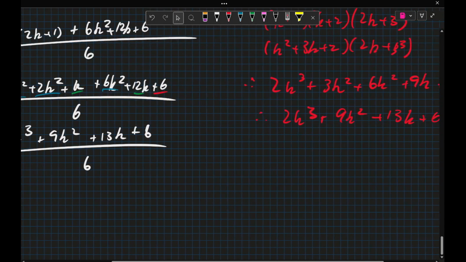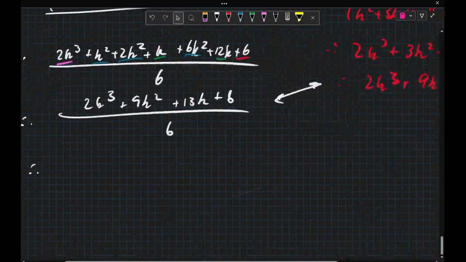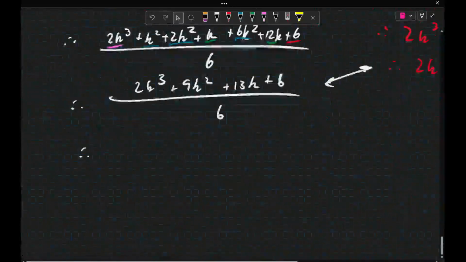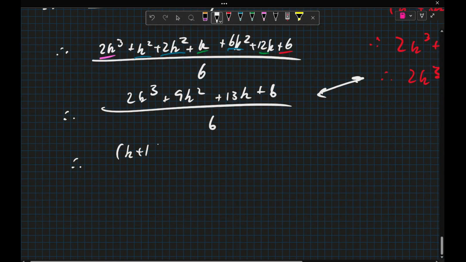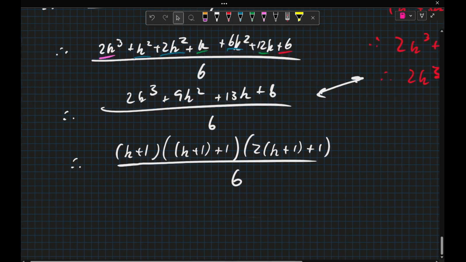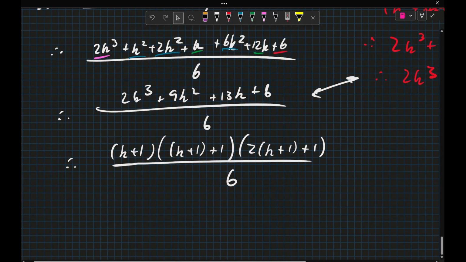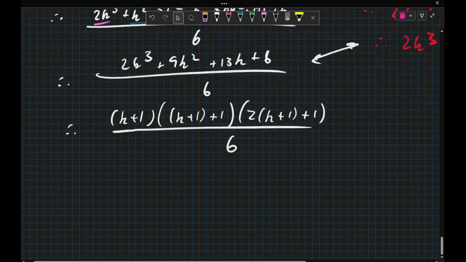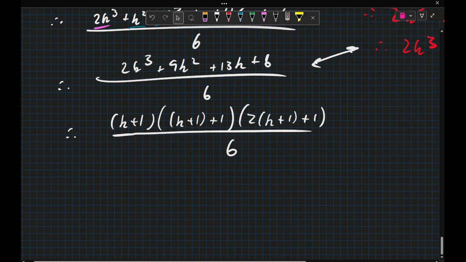And then because you've quoted this, I'm just going to link the two. We can go back all the steps and have this as k plus 1, and then k plus 1 plus 1, and then 2 times k plus 1 plus 1, all over 6, which proves the statement. Now, how you write a conclusion angers a lot of people, but I'm going to go through it.